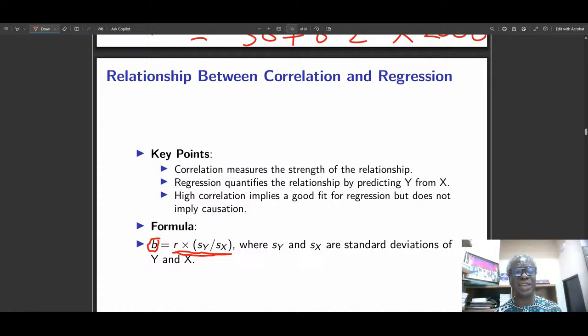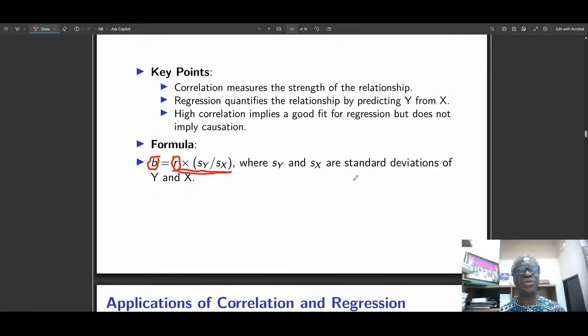So in essence, you can see how correlation is related to the regression coefficient. That's the point we are trying to make here.